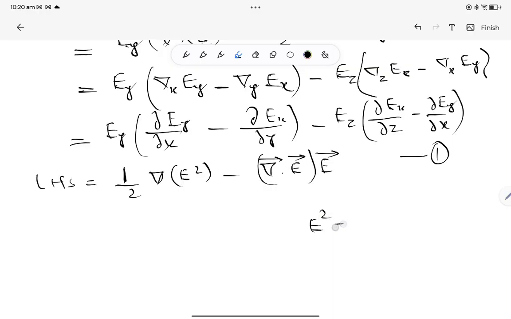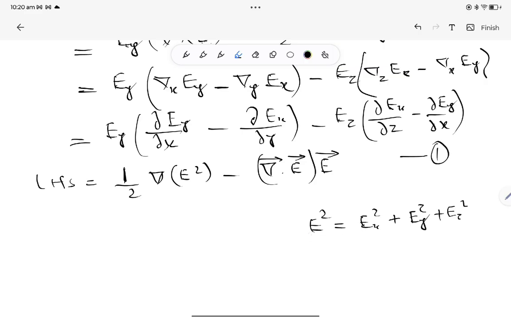E square is simply Ex square plus Ey square plus Ez square. The three components of E combine by an extended Pythagoras theorem to yield this.